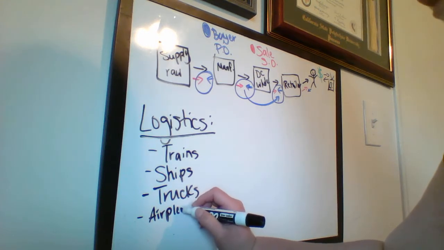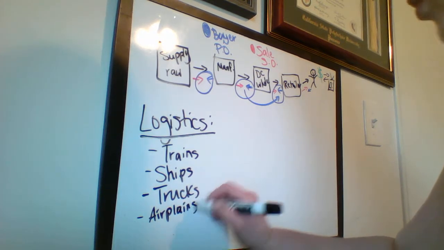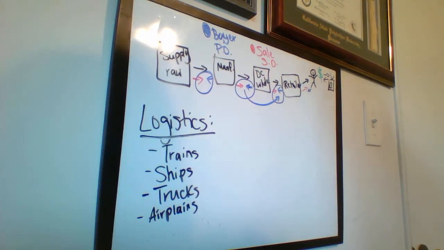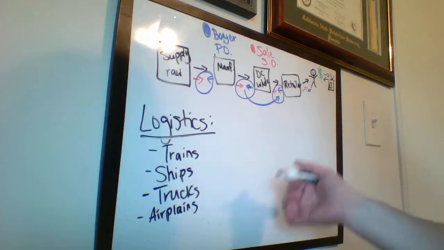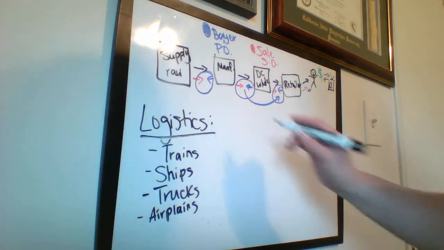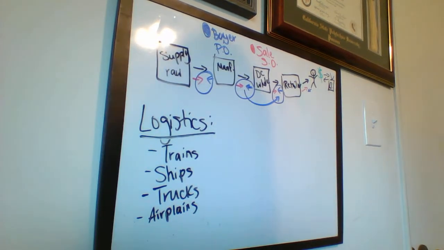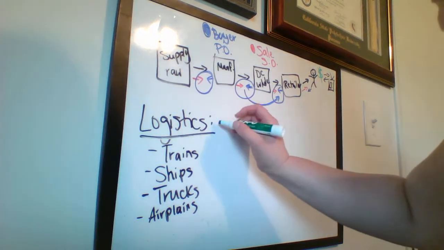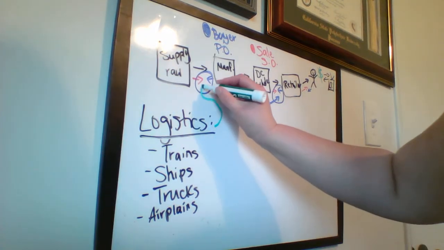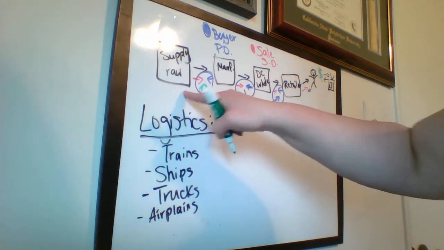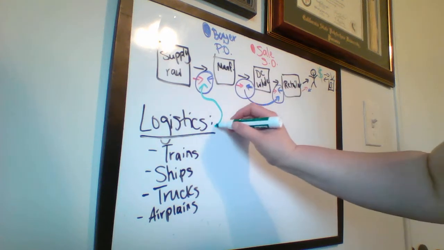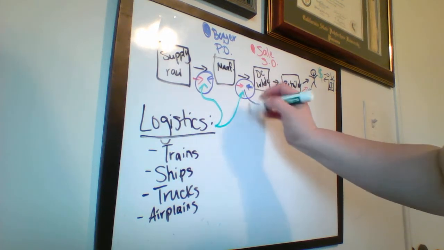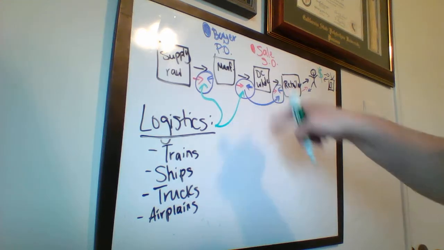These are just ways we can get our product from one location to another, whether domestic or international. I'm going to do the logistics in green. The logistics comes in and helps with the transaction between supplier and manufacturer, and is also incorporated between manufacturer and DC warehouse.